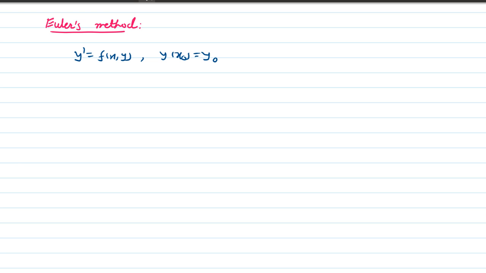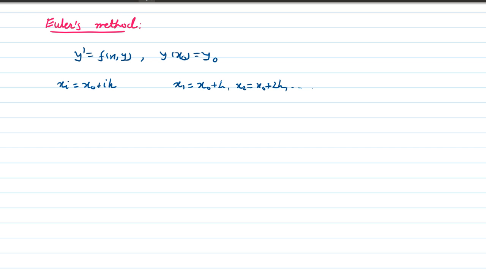When we find the solution here also, xi is nothing but x0 plus ih, where h is the common difference. That means x1 is x0 plus h, x2 will be x0 plus 2h, and so on. So this type of information is available.